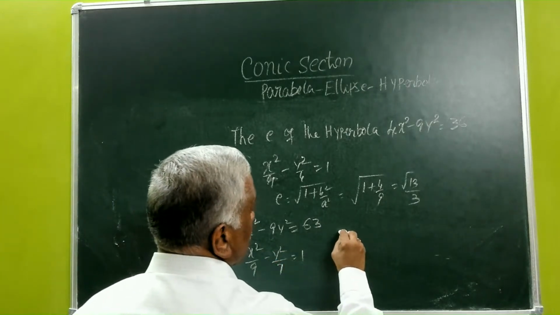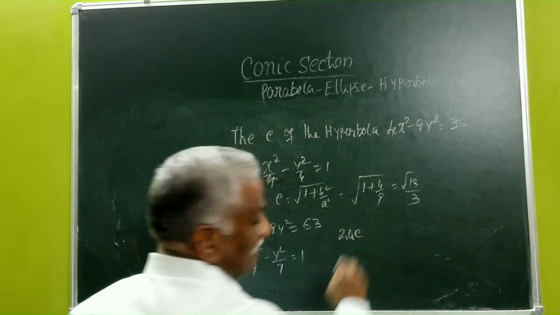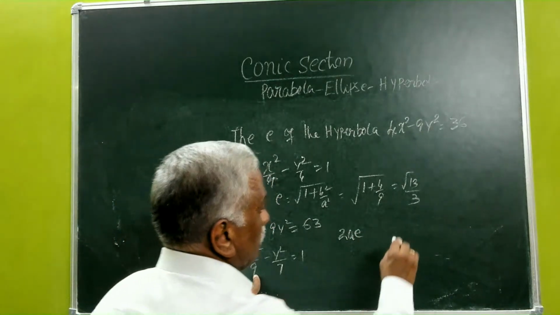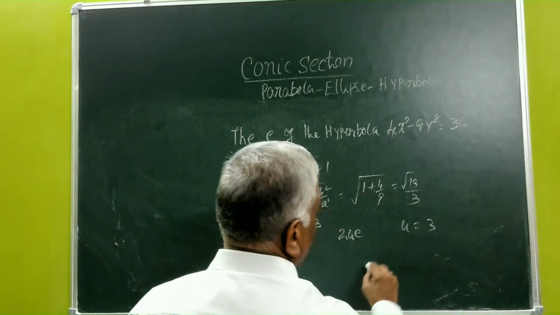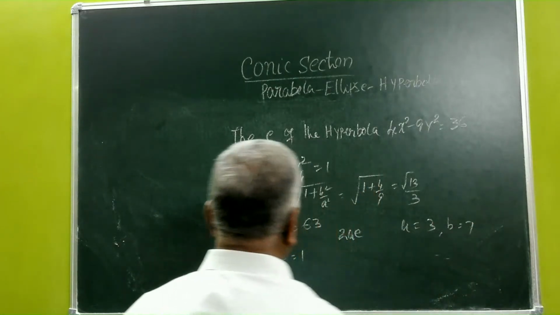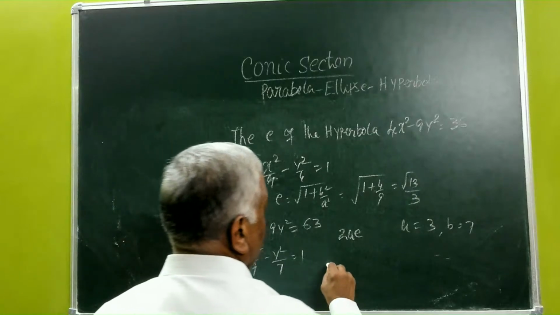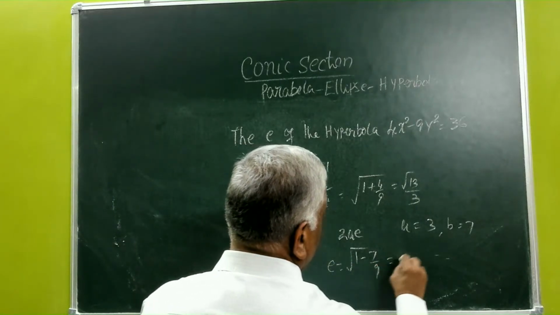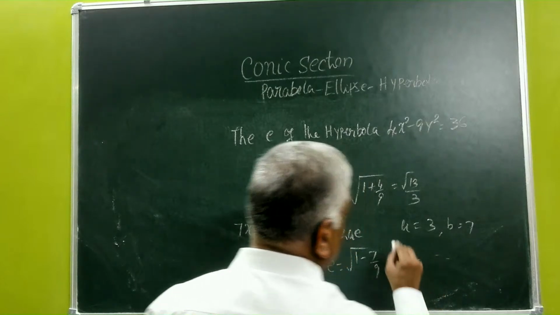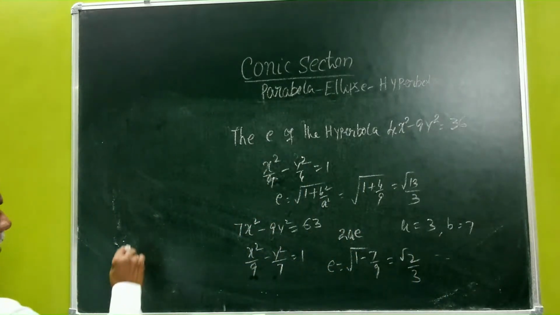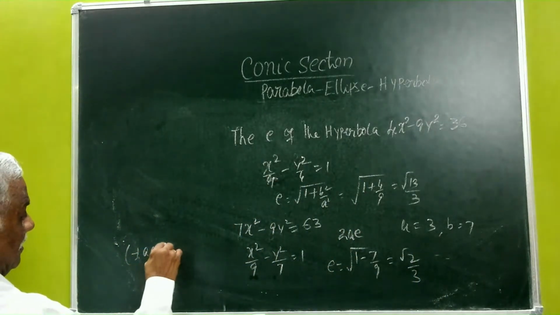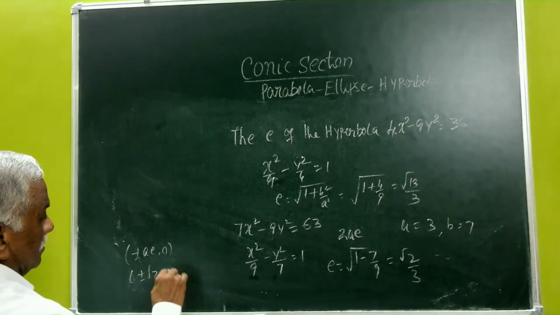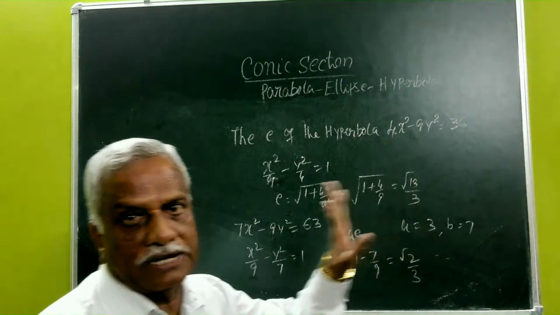The distance between foci is 2AE. A is 3, we know. B square is 7, we know. You have to find E. Root of 1 plus b square by a square, 7 by 9. That is 4 by 3. So what is foci? Plus or minus AE, 0. That is equal to plus or minus 4, because when multiplied, the 3 will cancel.